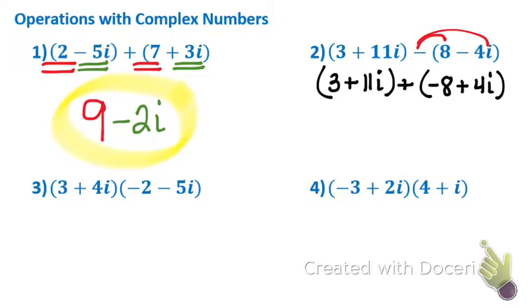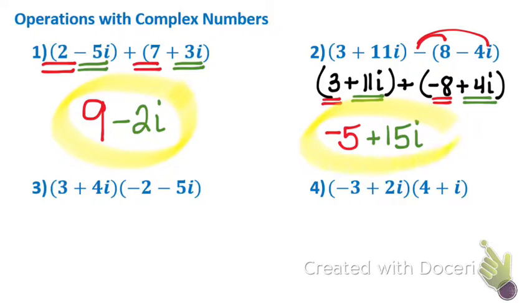So when you add your real numbers, you get 3 and negative 8, which is a negative 5. And 11i and 4i is 15i. And that's it.